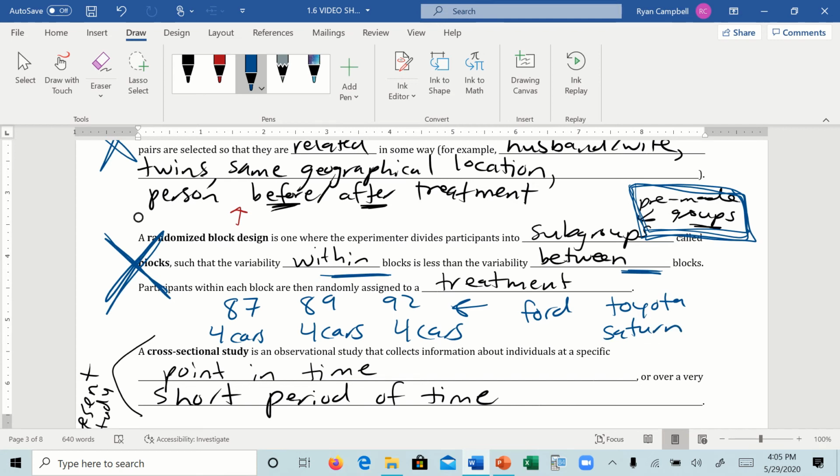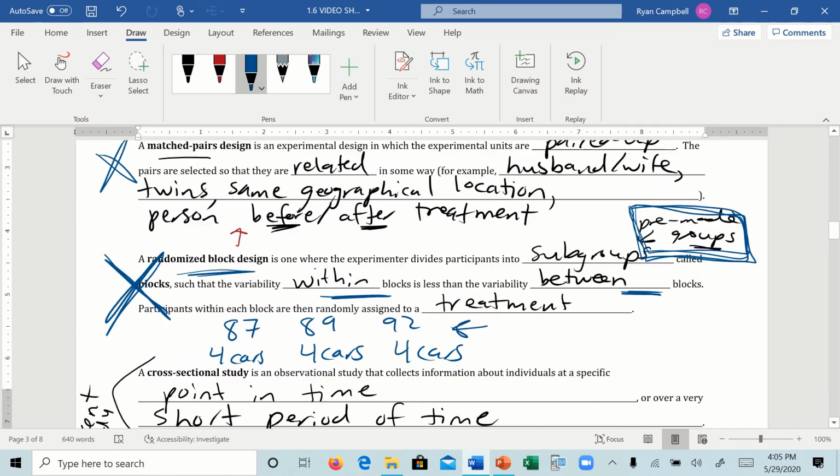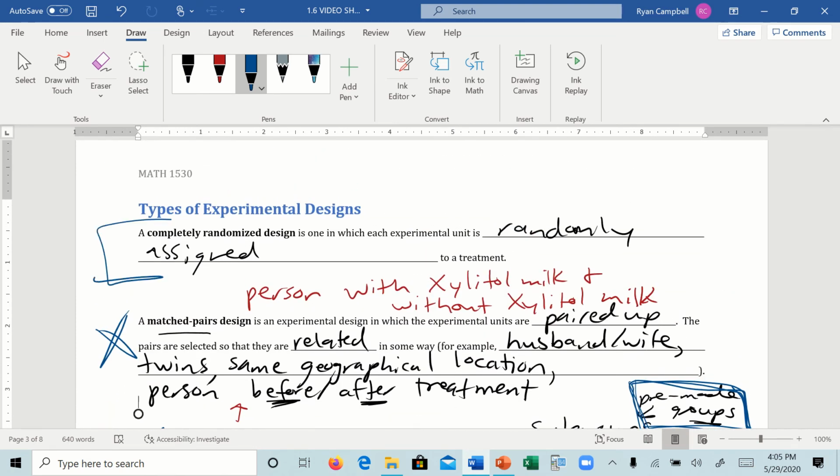If we separate them out like that, that could be a block design. But since we just put cars with different numbers of octane, this can't be a block design. So really the only thing we've got left is a cross-sectional study or a completely randomized experiment. So in this case, we can just say it's a completely randomized experiment.